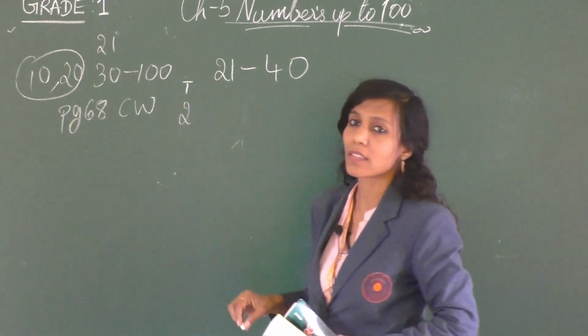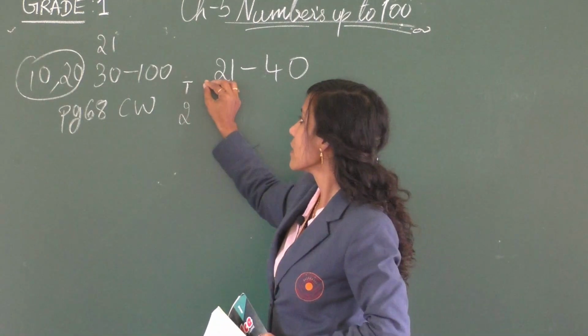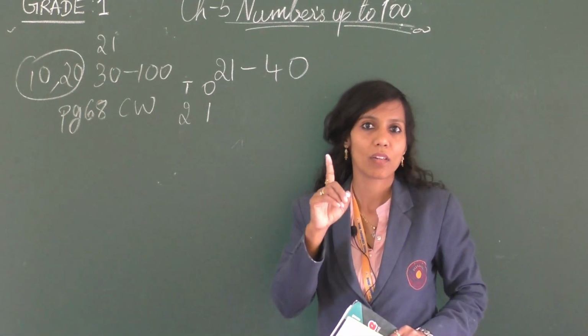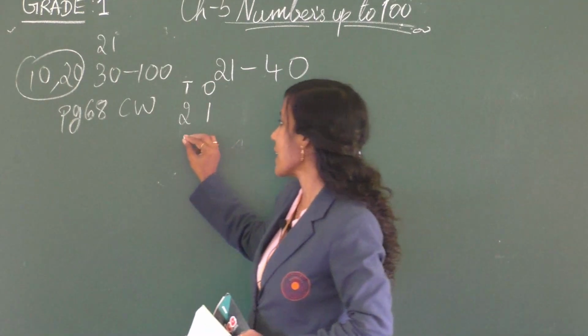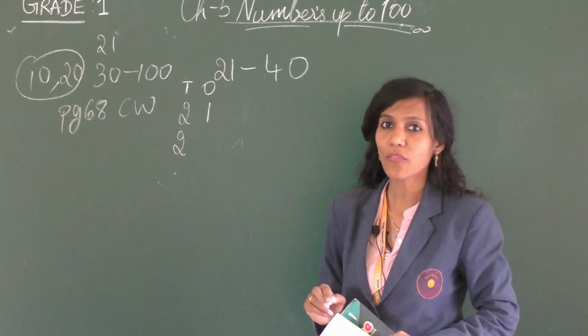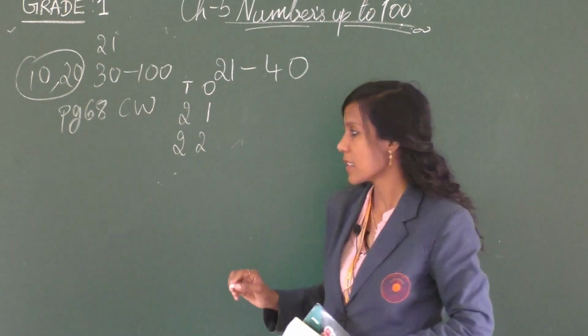In the tens place we have two bundles of tens, and in the ones place one single one. After that we again have two bundles of 10 but two ones.